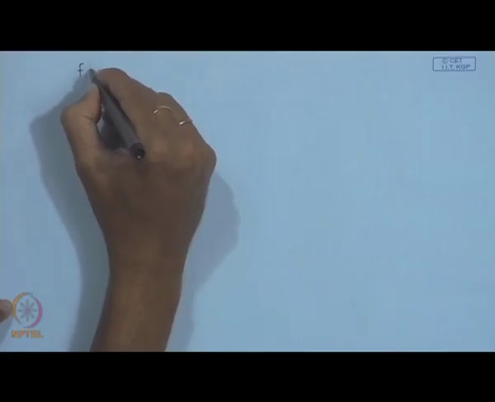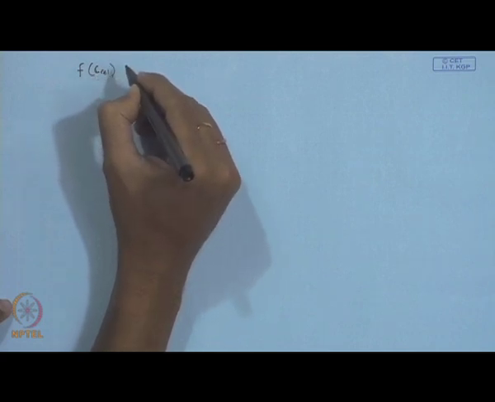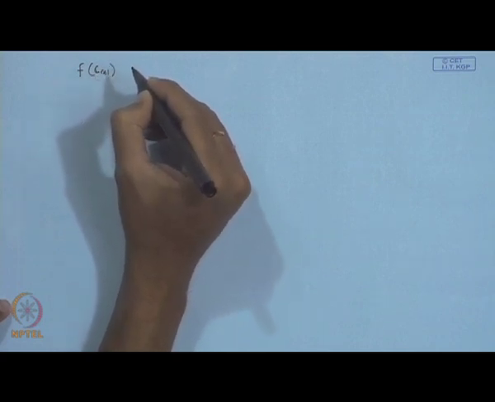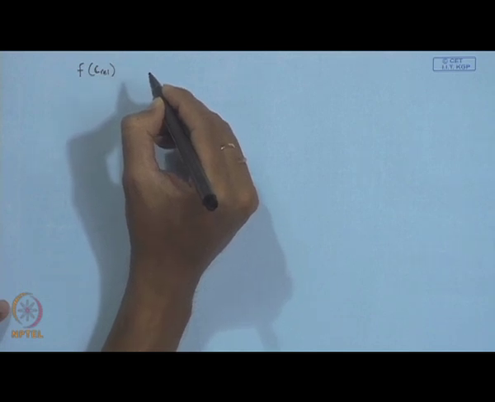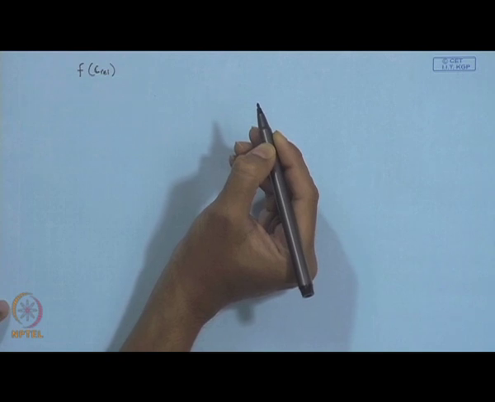Now next comes the point that F c relative, we define another quantity F c relative, okay, which is the fraction of collisions with velocities in the range c relative and c plus dc relative.